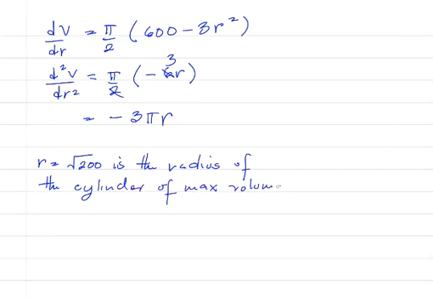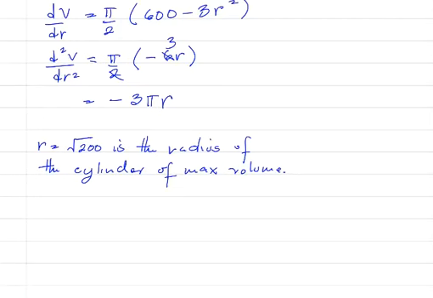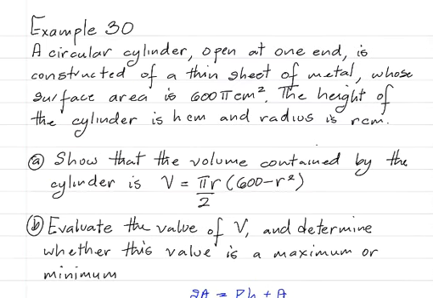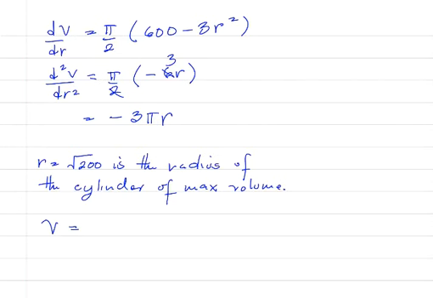Alright, and we're asked to evaluate this volume. What was V equal to? Let's go back to the question. V is equal to pi r over 2 times (600 minus r squared).